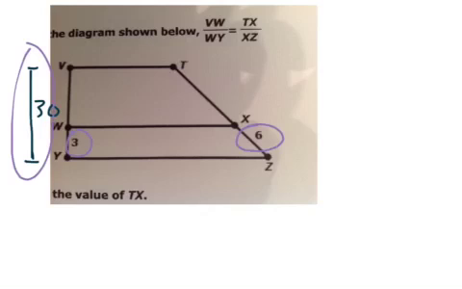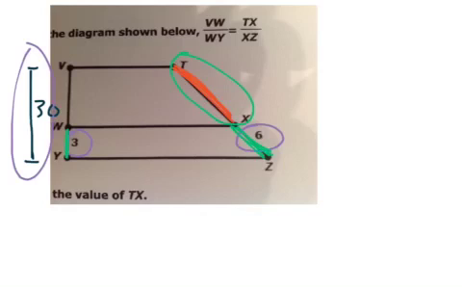And we're asked to find Tx, which I just colored in red. Okay? Well, let's use a little logic here. Follow the green now. We know that 3 here is the left side, and 6 there is the right side. We're missing Tx, that red side there.